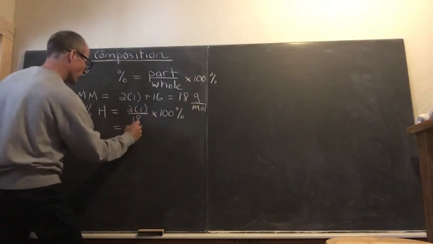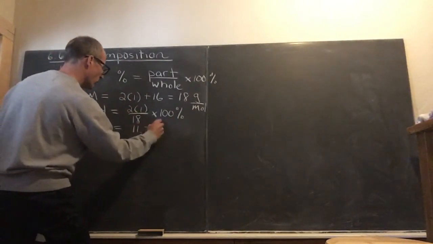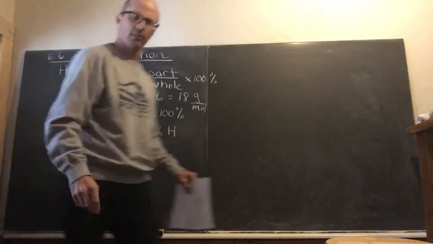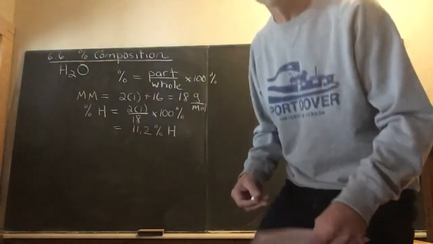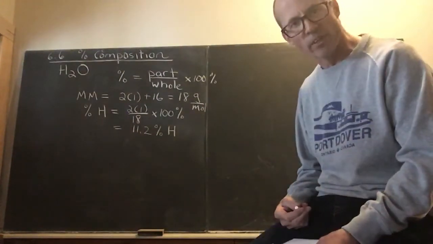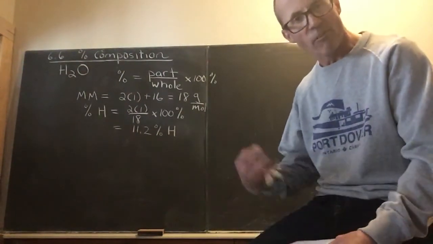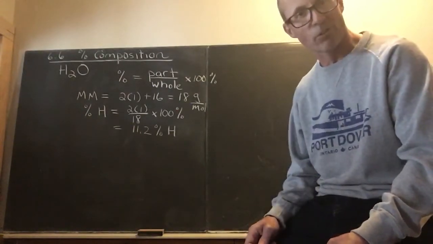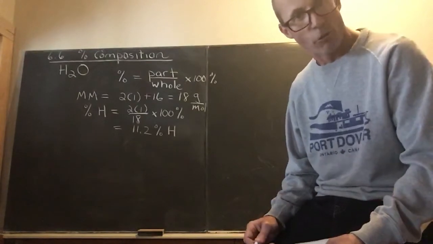That gives us about 11.2% of the mass in water due to hydrogen is only 11.2%. A far cry from that 66.6 repeating that a younger student might just say is correct.